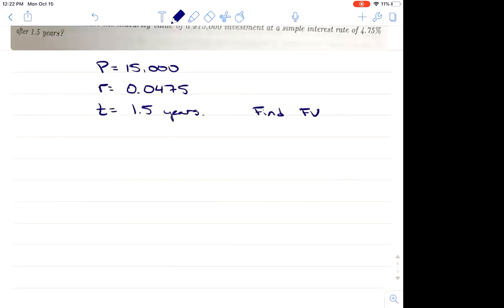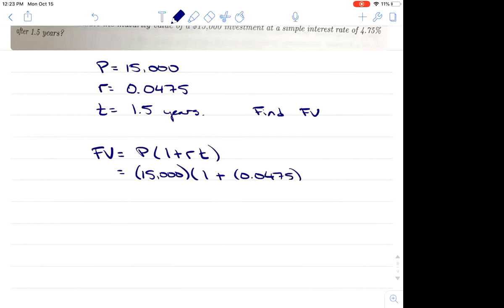So we have our formula. On our formula sheet, the future value is P times 1 plus RT. We want to find the future value. We have P, R, and T, so easy breezy. So P is 15,000 times 1 plus R, which is 0.0475, times T, which is 1.5.